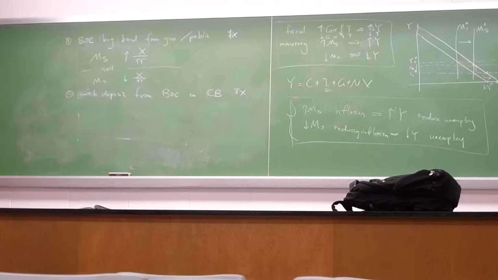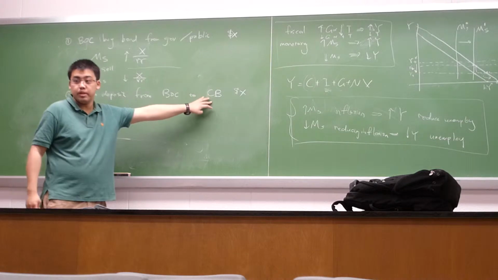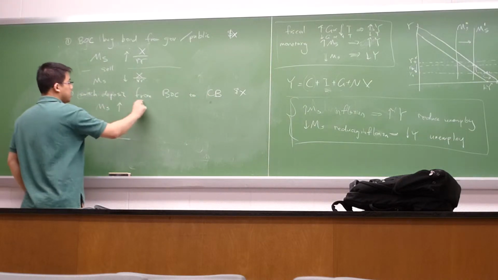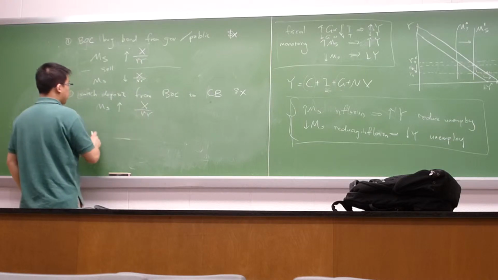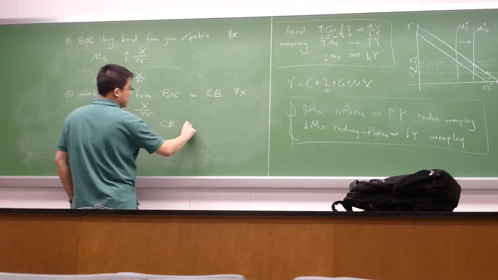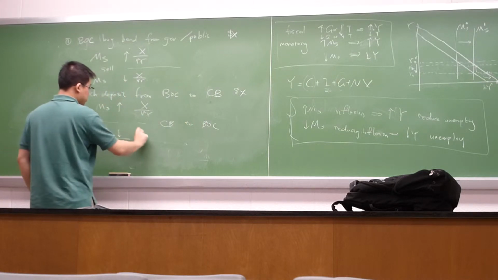When that happens, it's the same as with the government. The Bank of Canada is giving them some amount of money and they print it, so obviously the money supply will increase by X over R. And similarly, if the switch is from a chartered bank to the Bank of Canada, then the money supply will decrease by the same amount.